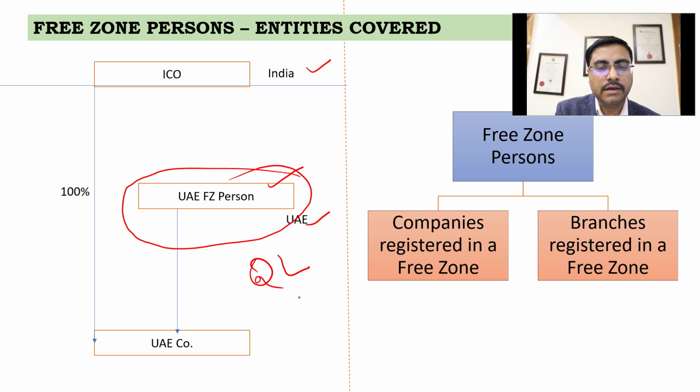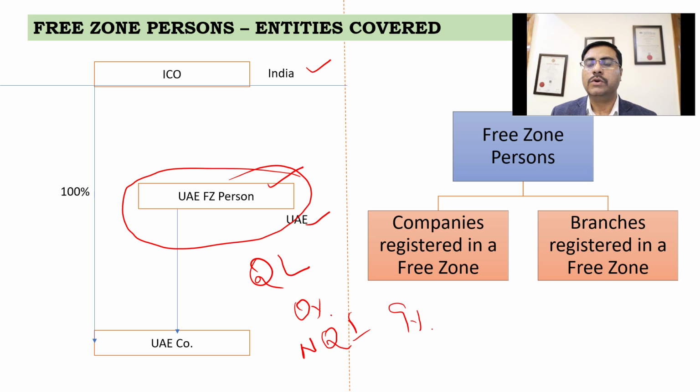Qualifying income has a 0% tax rate, but if it is not qualifying income, then 9% tax applies. A free zone person is a company registered in the free zone having a license in that particular area. Branches registered in a free zone would also be tax free.